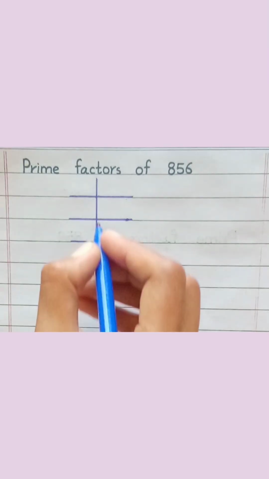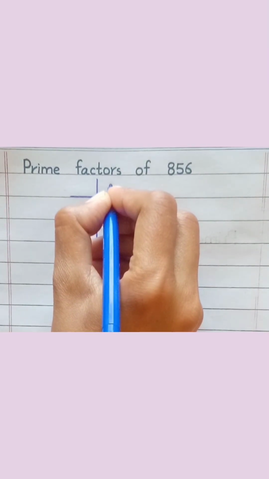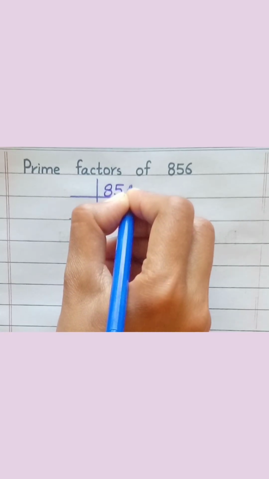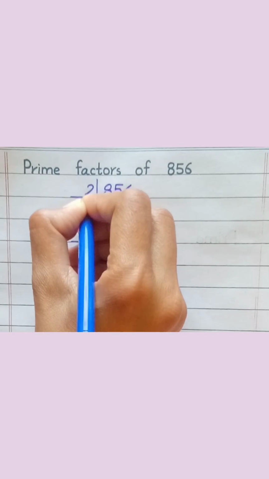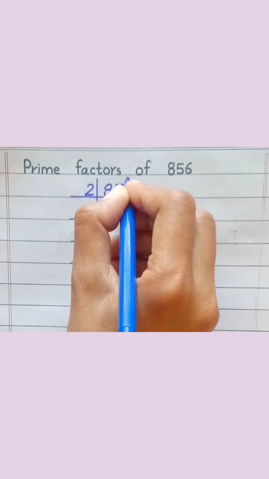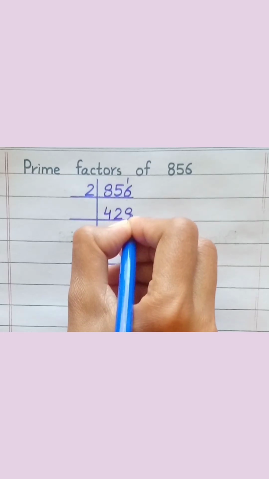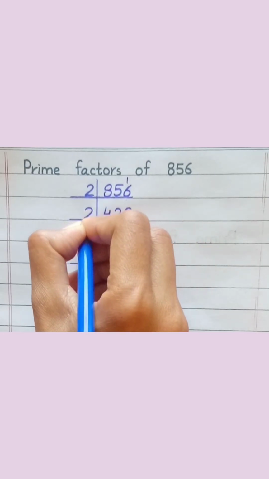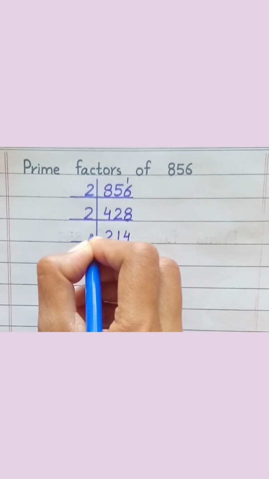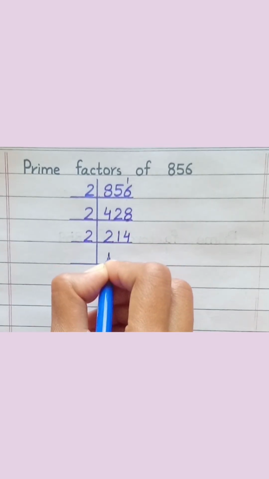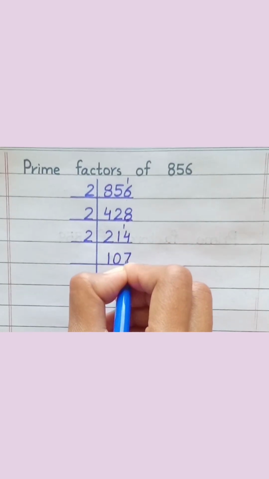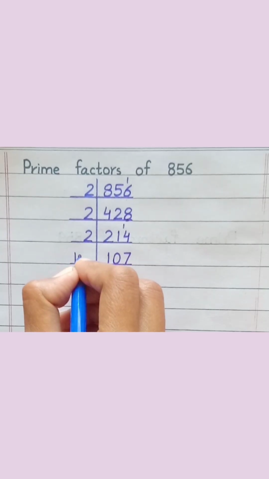Prime factors of 856. 2 fours are 8, 2 twos are 4, 2 eights are 16, 2 twos are 4, 2 ones are 2, 2 fours are 8, 2 ones are 2, 2 zeros are 0, 2 sevens are 14, 107 ones are 107.